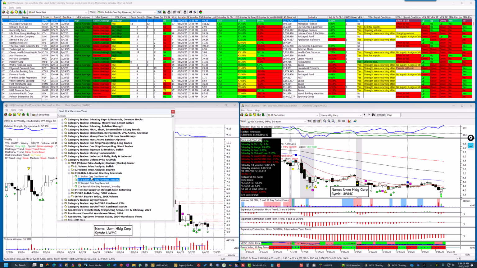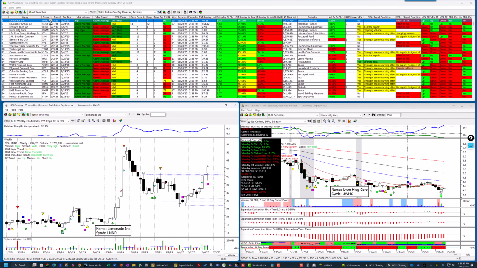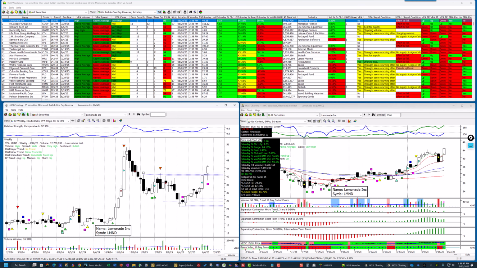So here I am on bullish one-day reversal intraday. Now this isn't a true VPA scan. It's something that I made up, but I noticed that some of the other programs were having a one-day reversal, so I thought I would put it in here, and I'm just going to click on this and show you what I mean.